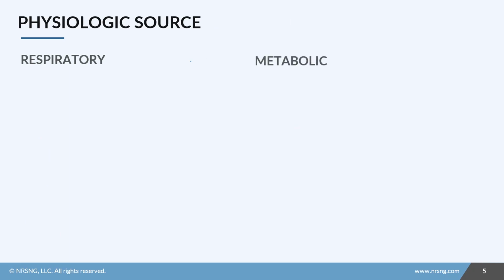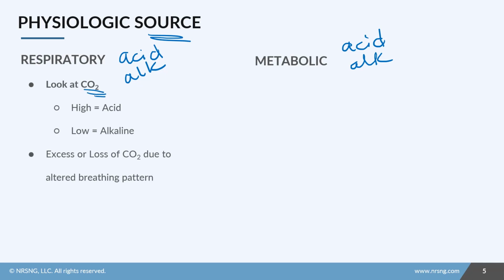Then we have to figure out what the source is. When we're interpreting, there are 2 main sources, respiratory and metabolic, and then you can have an acidosis or an alkalosis for each one. So again, you can have a respiratory acidosis, a respiratory alkalosis, metabolic acidosis, or a metabolic alkalosis. For respiratory, we look at the CO2.